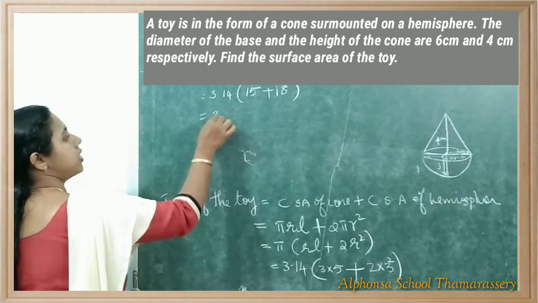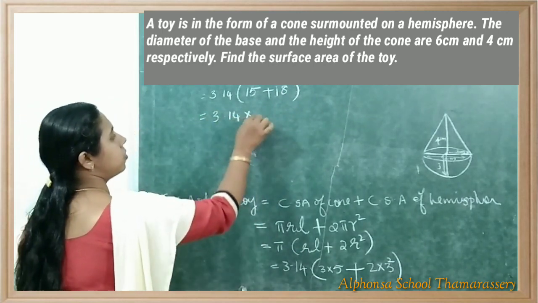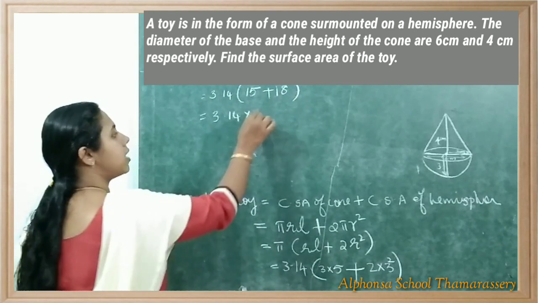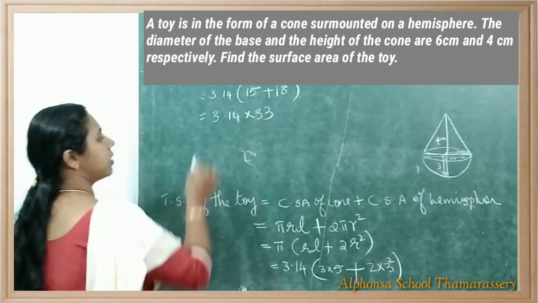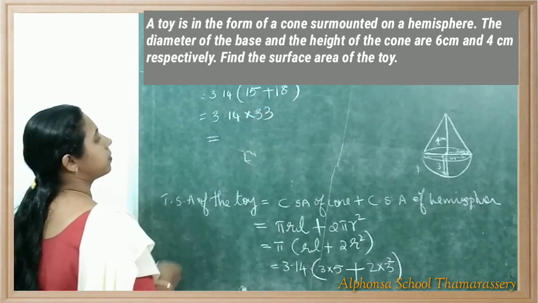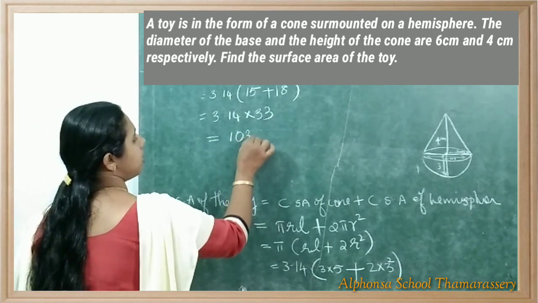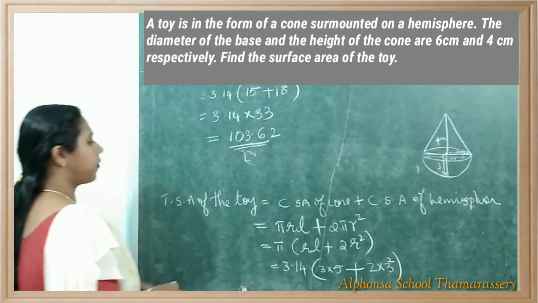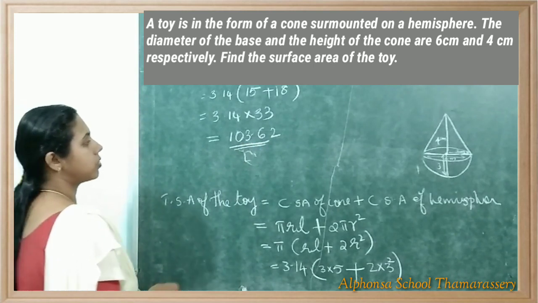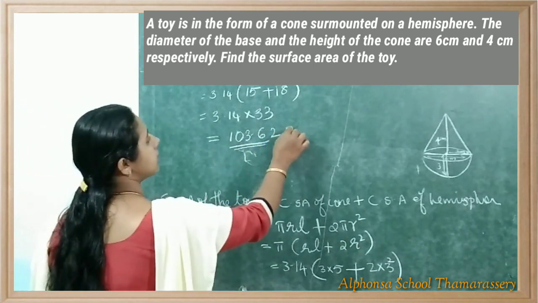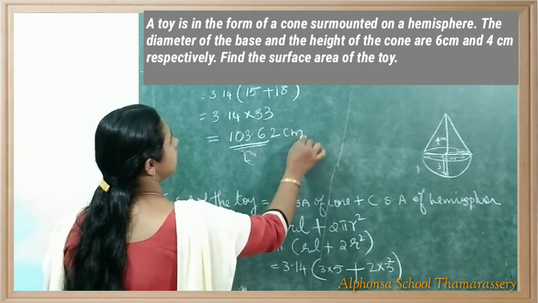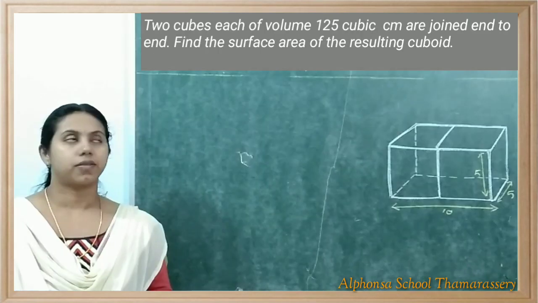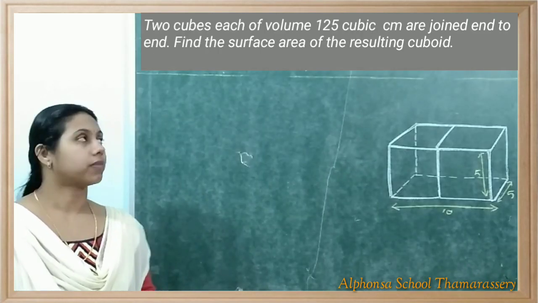So 3.14 into 15 plus 18, which is 33, that is equal to 103.62. So the total surface area of the toy is equal to 103.62 centimeter square.